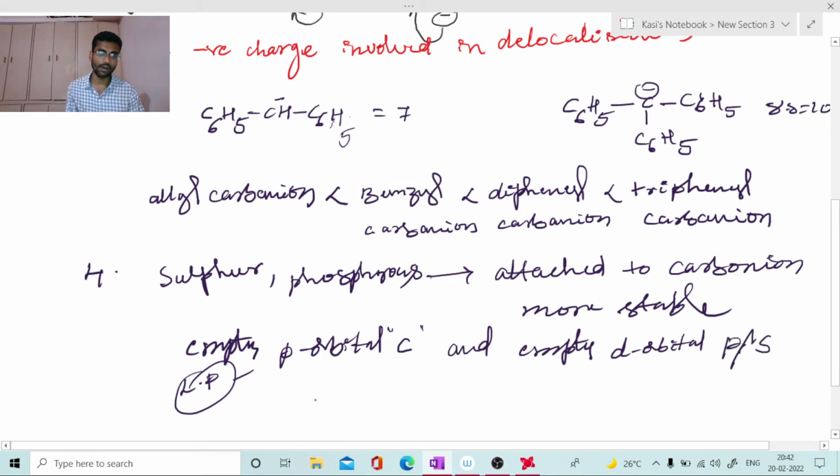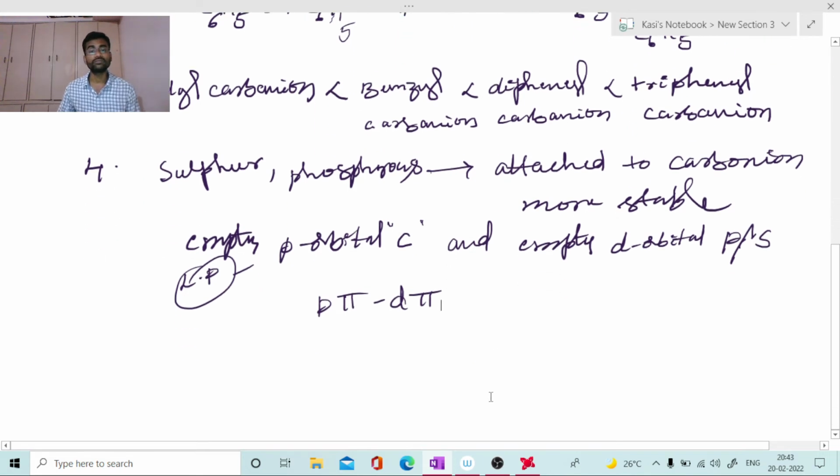Then they can overlap laterally or parallelly and form a pπ-dπ bond. This is known as pπ-dπ bonding.